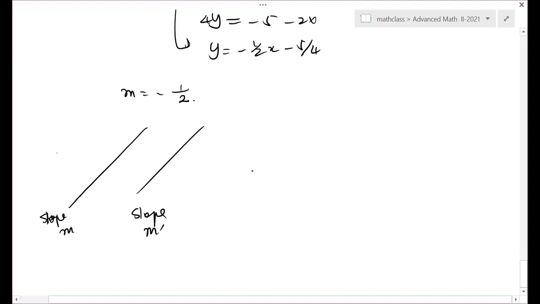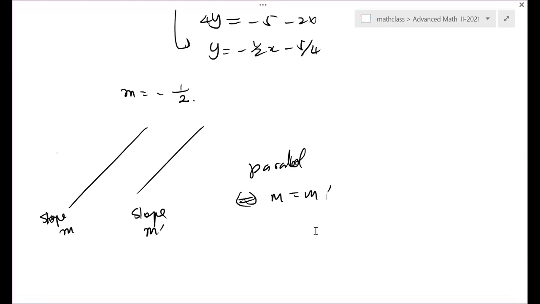So these two lines are parallel if and only if m equals m prime. Why? Because when they're parallel, you get the exact same triangle, a similar triangle. So the triangles are similar if the lines are parallel.